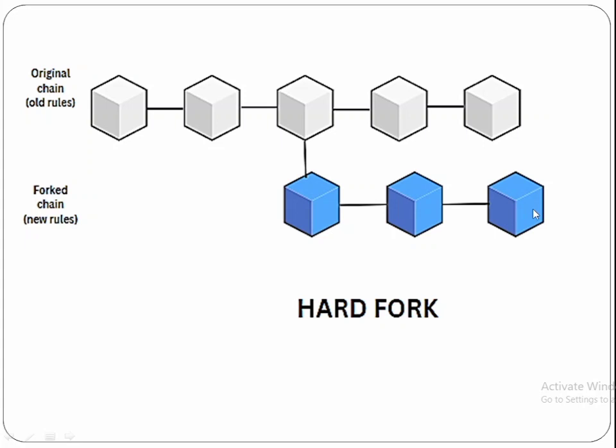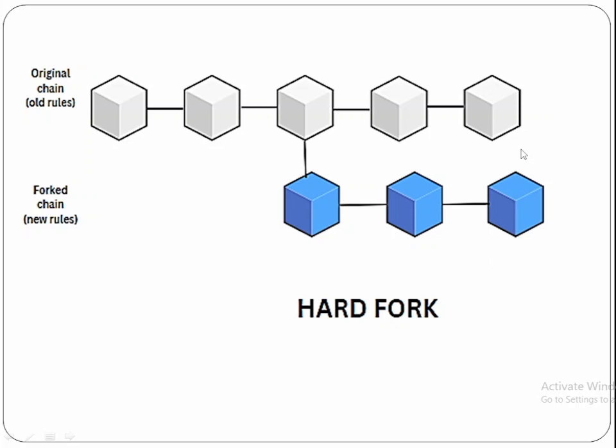Another real-time example of the hard fork is Bitcoin Cash. Bitcoin Cash is a hard fork of Bitcoin in 2017. In 2017, there was a disagreement within the Bitcoin community about how to scale the network.